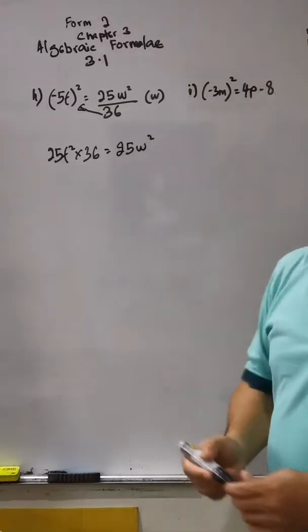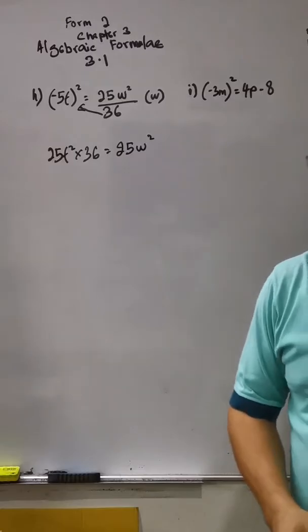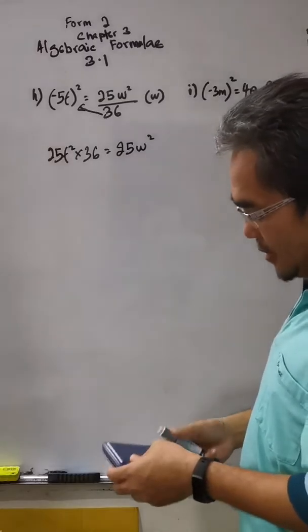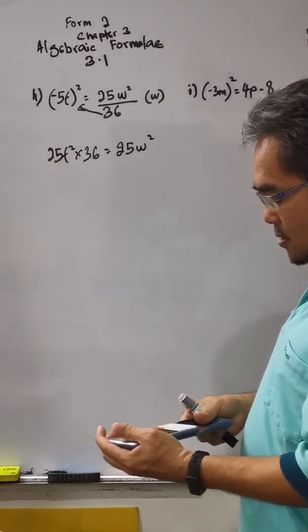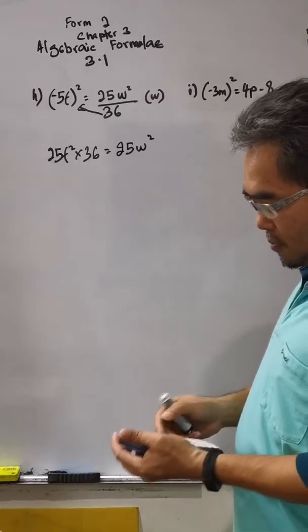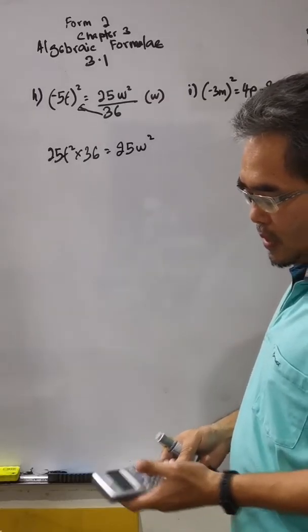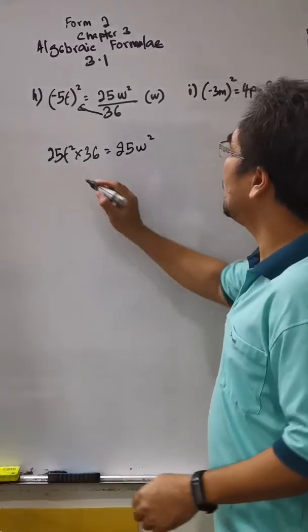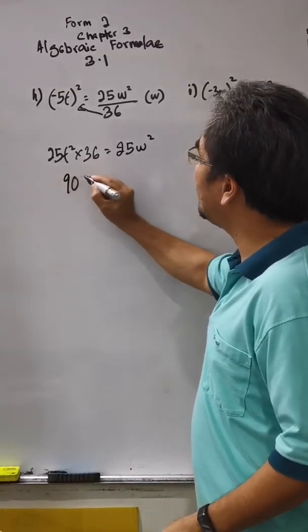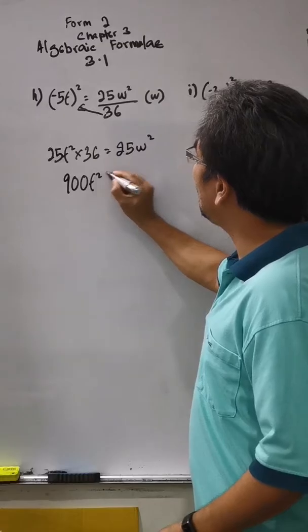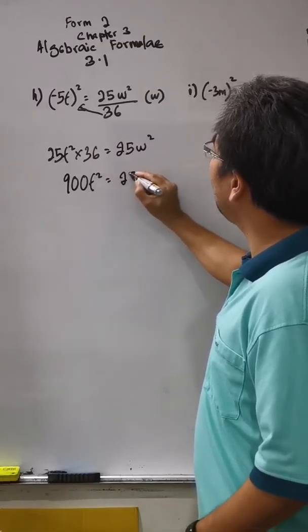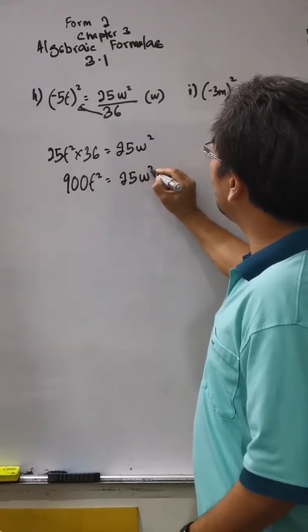Okay? So, take calculator. What is 25 times 36? 900. So it becomes 900t squared equals 25w squared.